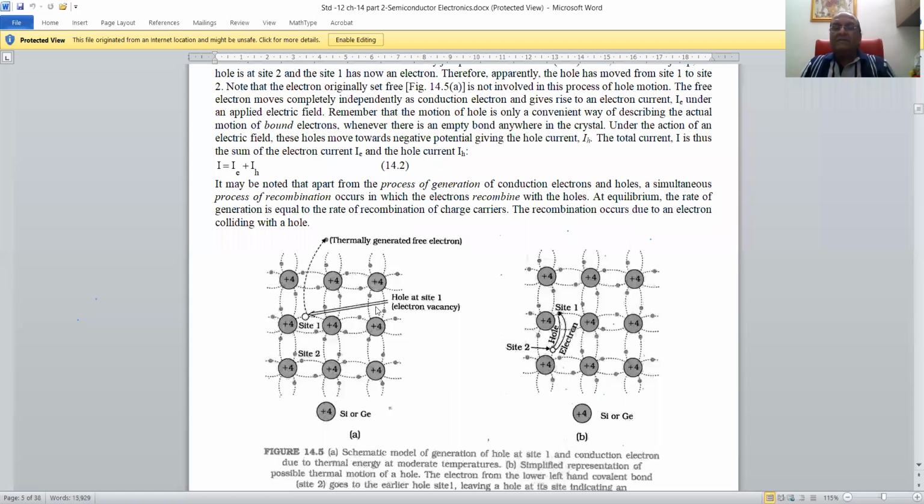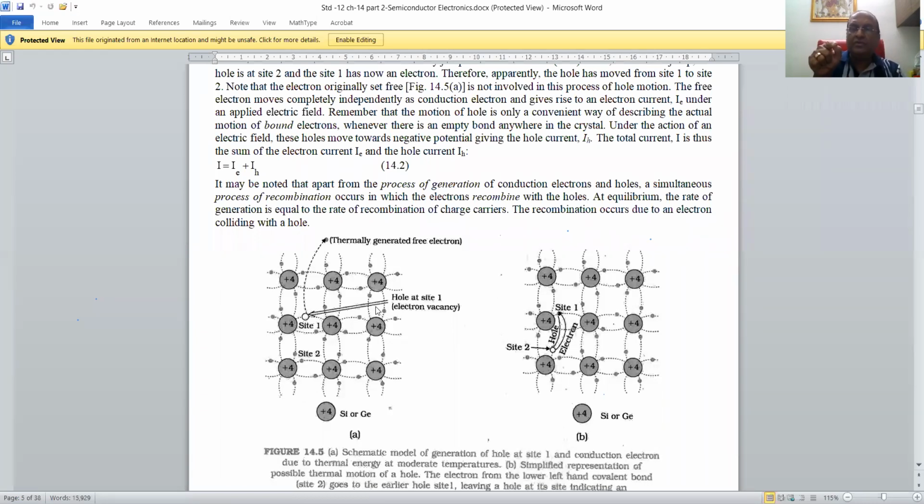So here the recombination of electrons and holes and the formation of holes, this process will continue. So one current is constituted due to flow of free electrons, and another current is constituted due to jumping of bound electrons which are filling the holes.